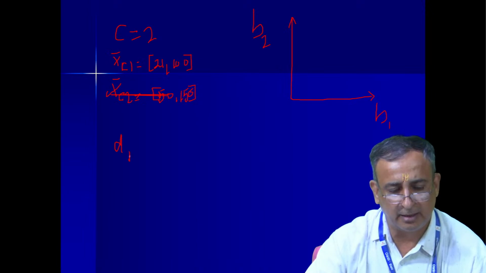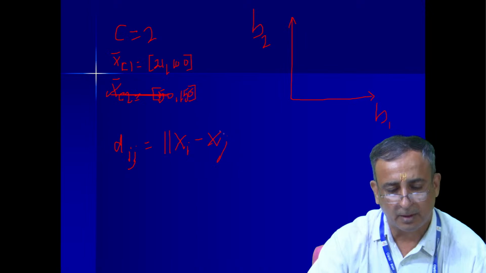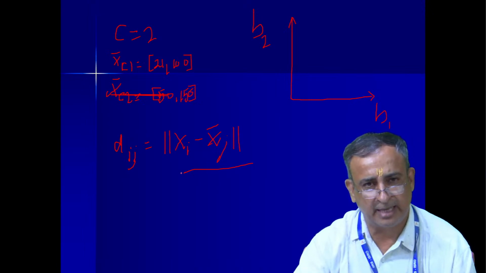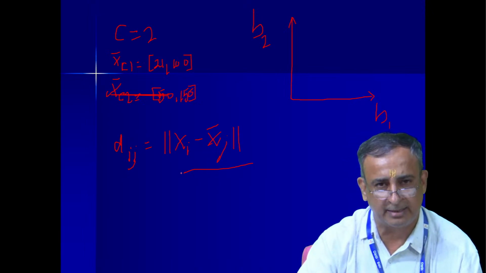If you say d for the ith pixel and jth class, d will be the mod of xi minus xj bar. This is the distance equation, where xi is the unknown pixel and xj bar is the mean of the cluster. The mean we have assumed for cluster 1 and cluster 2.